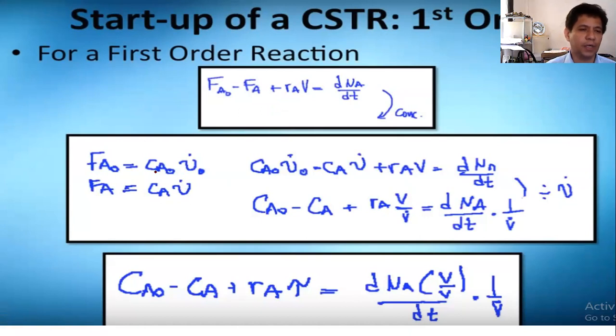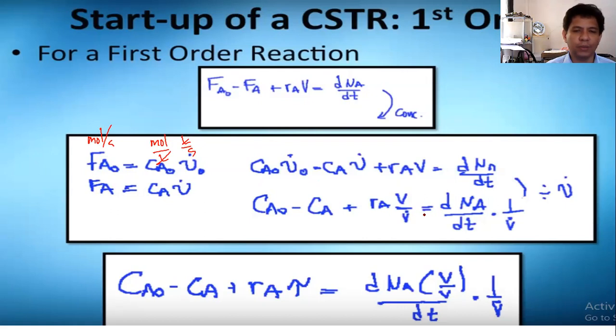C_A0 is the concentration, in moles per liter, for example, and the flow rate is in liters per second. As you can see, this is mole per second, equal to the molar flow rate. That's the justification for this equation. It's just dimensional analysis. So we have C_A0 v_0 minus C_A v plus r_A V equals dN_A/dt.